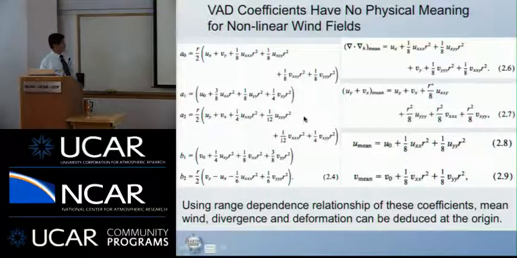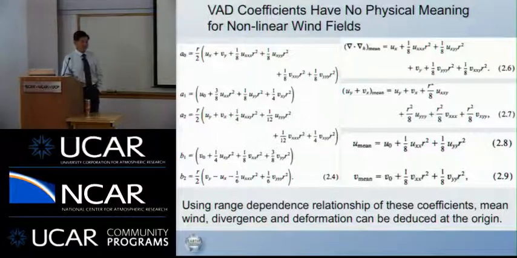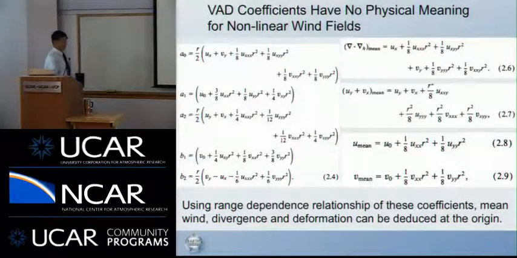However, you can see that these equations do not represent the actual physical quantity. So this is the issue with VAD when you deal with a nonlinear wind field. Those VAD coefficients don't really represent the physical quantity that's actually present.